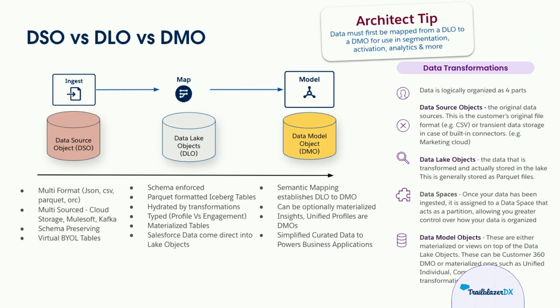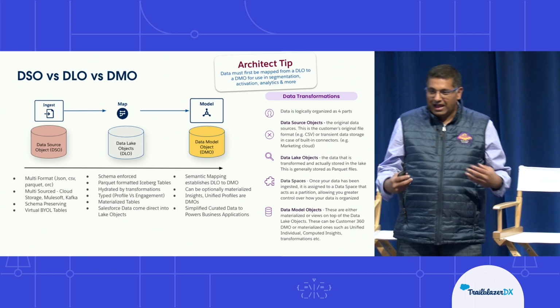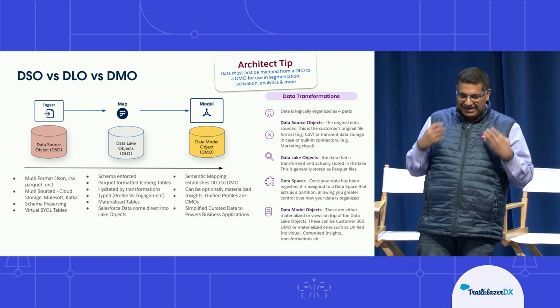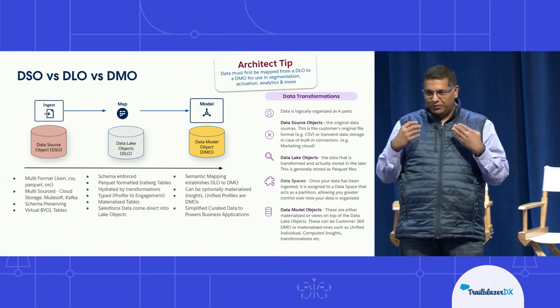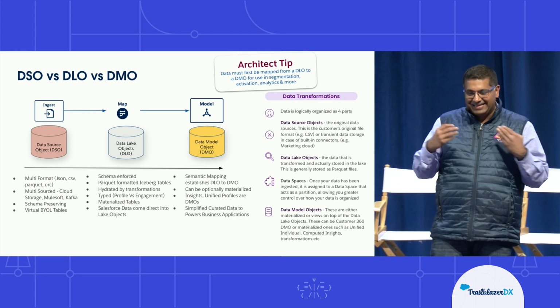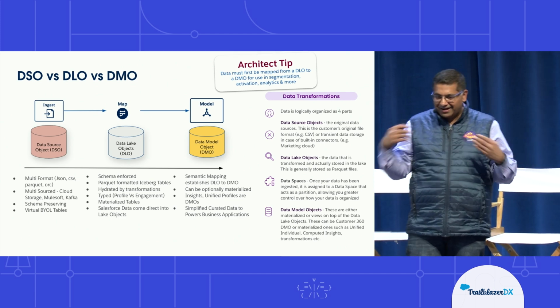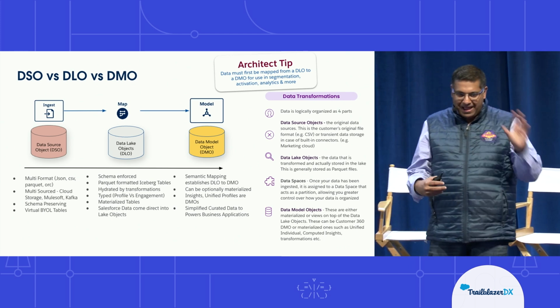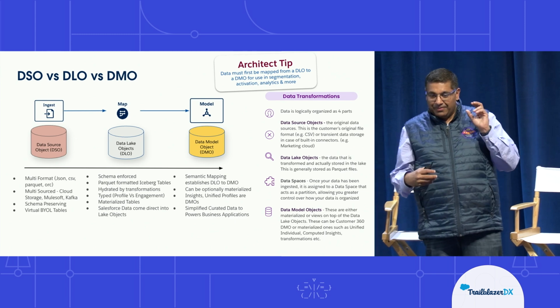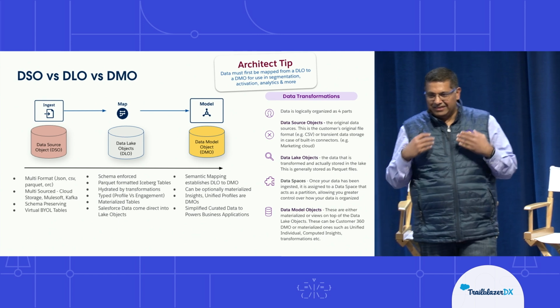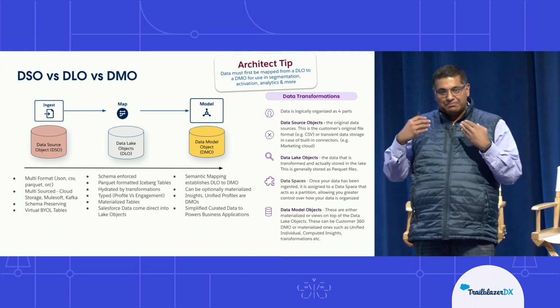When we say a DSO, it's basically your raw data that you're bringing from your source systems. And then the first time it hits Salesforce or Data Cloud is when it's being brought into what we call a DLO, which is a data lake object. These are schema-infos, they are Parquet formatted tables on the back end, and then when you start to map them, they are what we call a DMO, a data model object.